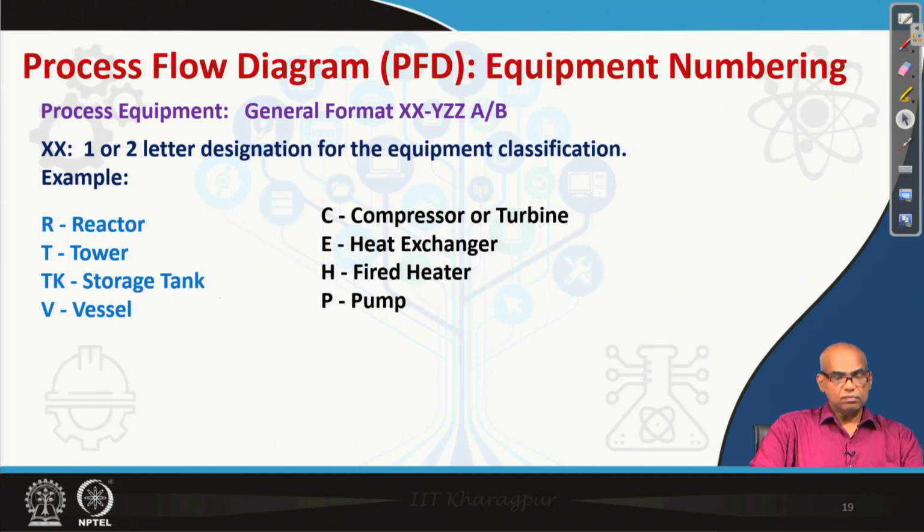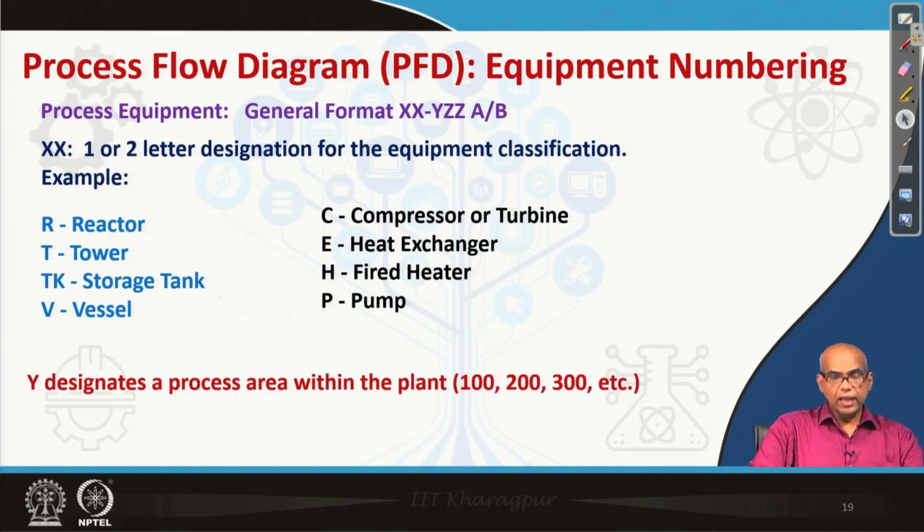For example, if the letter is R, it usually stands for reactor, T for tower, TK for storage tank, B for vessel, C for compressor or turbine, E for heat exchanger, H for fired heater, P for pump, etc. Next comes Y. Y designates a process area within the plant.